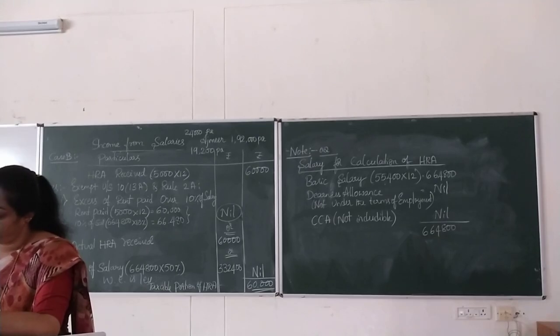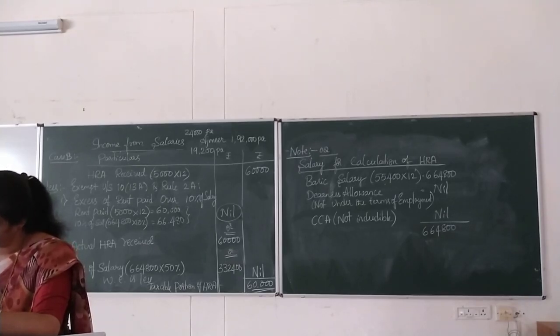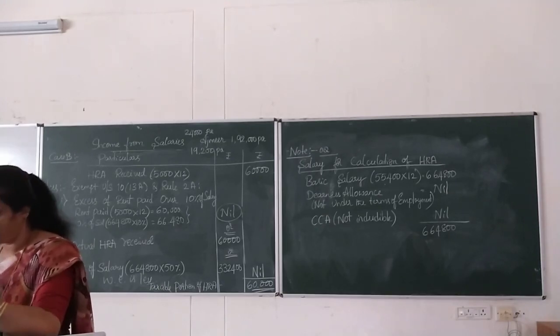After that, first case: HRA received is 24,000. Then excess of rent paid: 21,500 he has paid as rent, minus 19,200, which is 10% of salary. Correct? Basic salary 10% of it. So total, I'll write down.